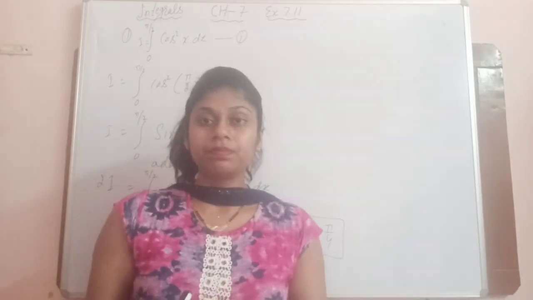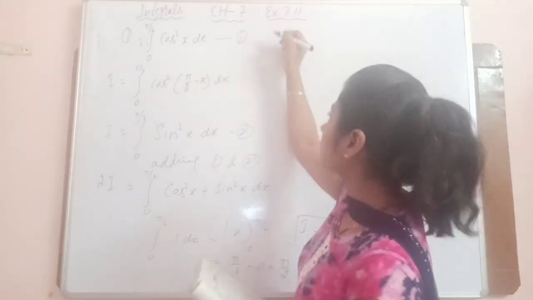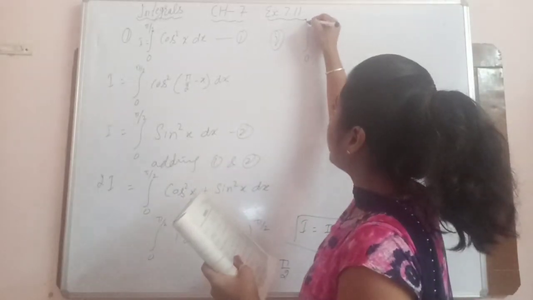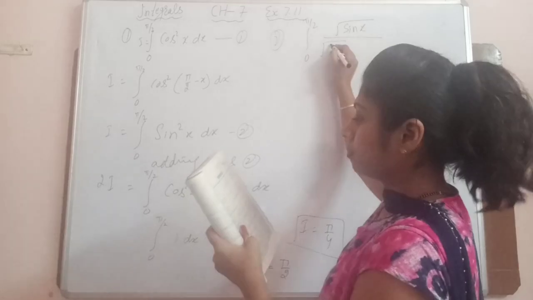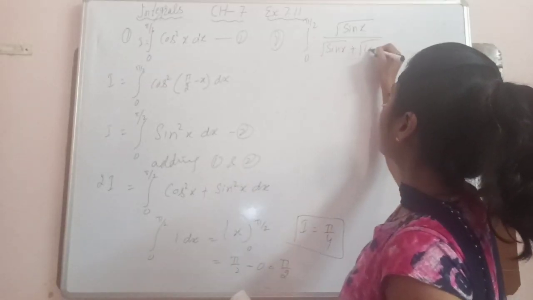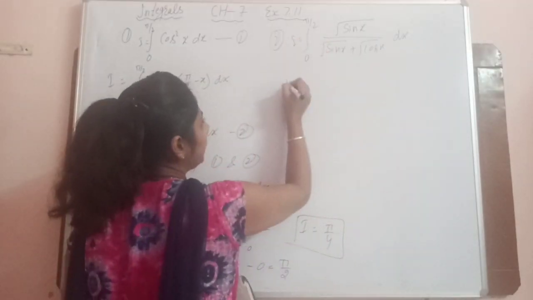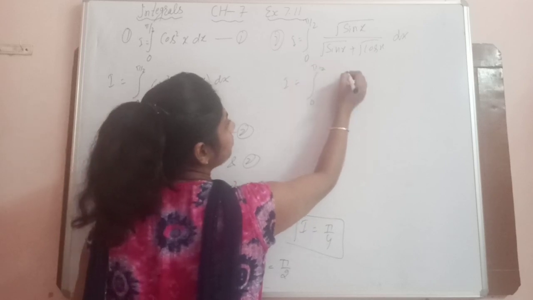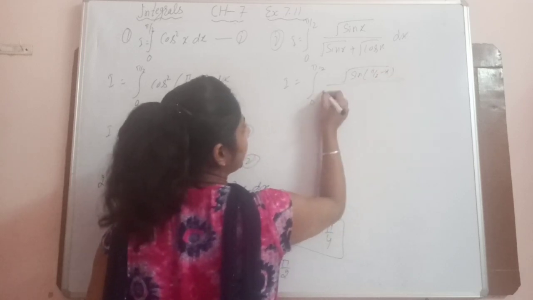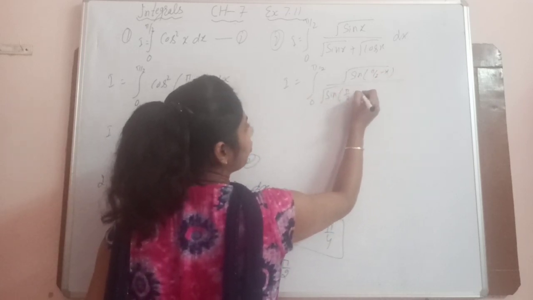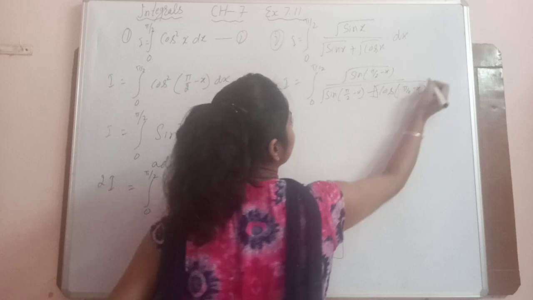Similarly, for the second question, we will apply the same concept, sum of the limits minus x. See, from 0 to pi by 2, in the numerator there is sin x, in the denominator root of sin x plus root of cos x. So apply the same result. Let it equal I, integral from 0 to pi by 2 of sin(pi by 2 minus x), and in the denominator root of sin(pi by 2 minus x) plus root of cos(pi by 2 minus x), dx.